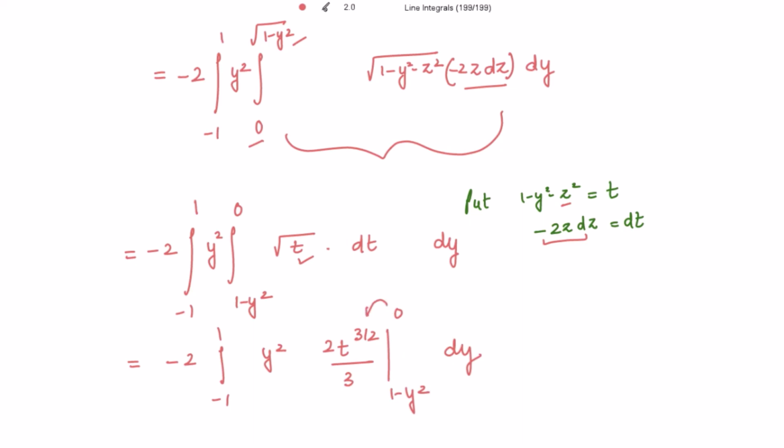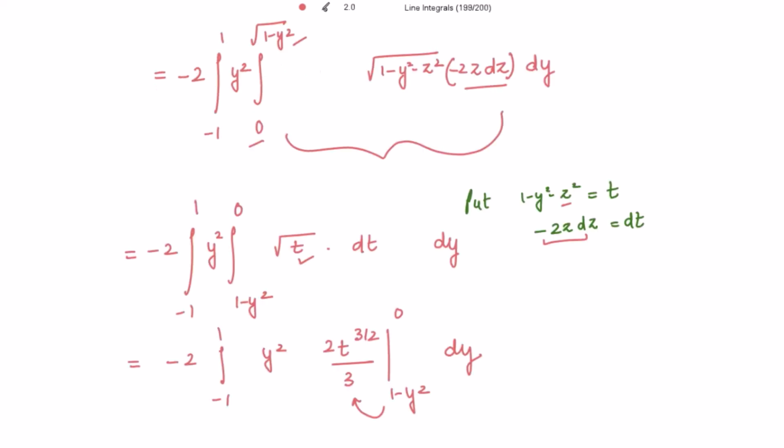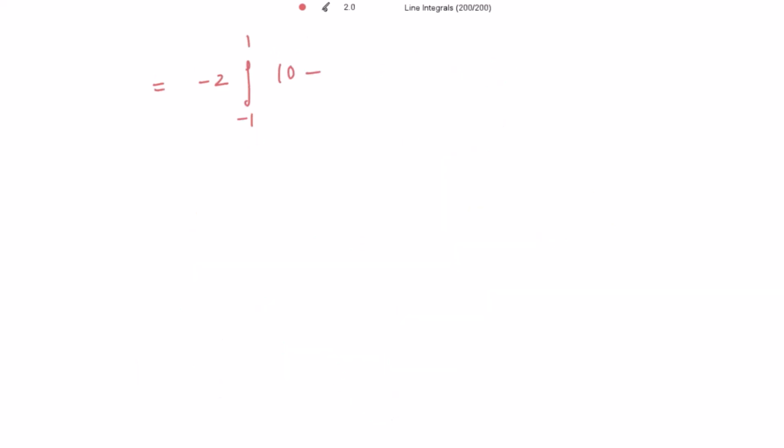So putting the upper limit, we get 0, minus putting the lower limit, we get 2 by 3 into 1 minus y square to the power 3 by 2. So we get minus 2 integral from minus 1 to 1, and on putting the upper limit we get 0, minus when I put the lower limit, I get 2 divided by 3, 1 minus y square to the power 3 by 2 dy.